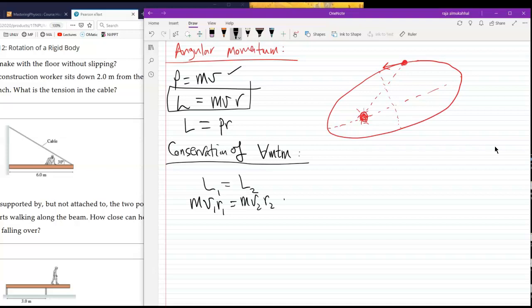Let's apply this formula to the Earth around the sun. Let's pick the Earth here. Here it has a speed v1, and this is the distance r1. Now, what about when the Earth is here? Well, it has a distance r2 and a speed v2. Remember, we said that the speed here, v2, is faster or greater than v1.